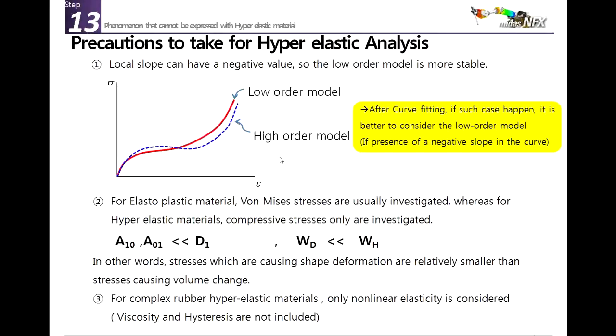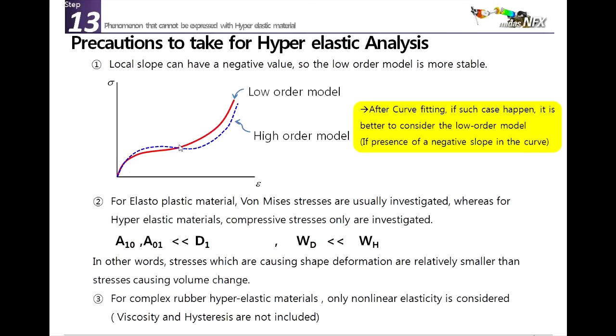Now, some precautions to take for hyperelastic analysis. I talked about low order models and high order models, but you have to know it's not always the high order model that is the best. Why? Because sometimes when you approximate with a high order model, you see that there is a local negative slope in this curve.